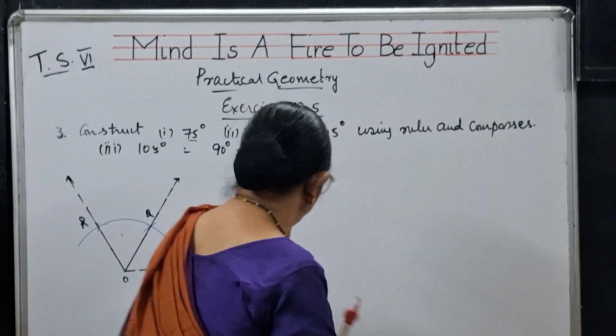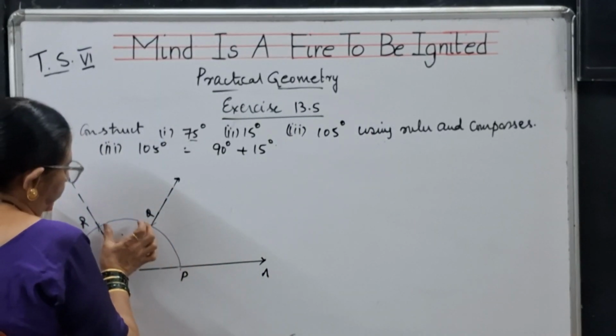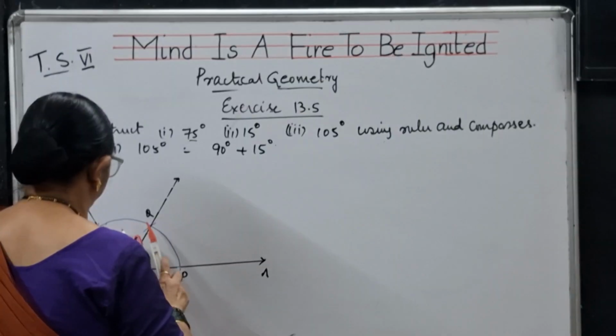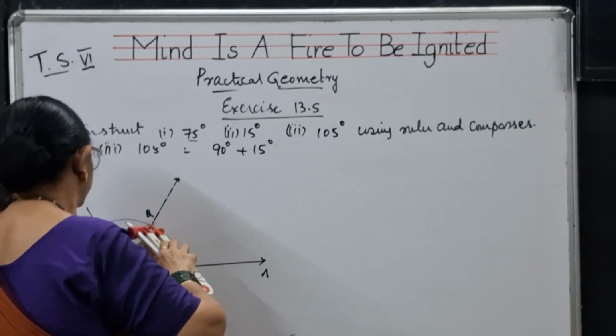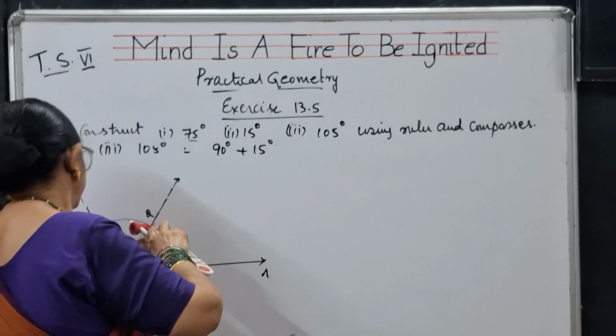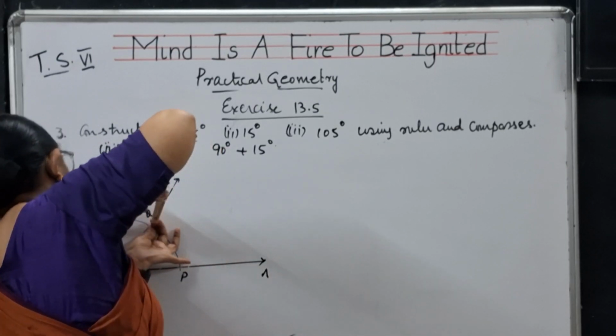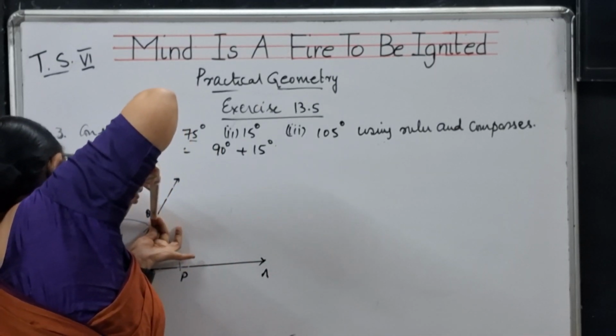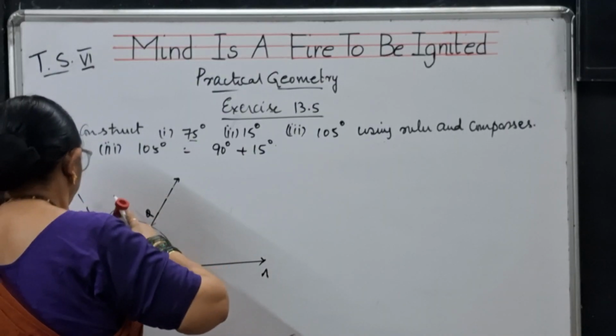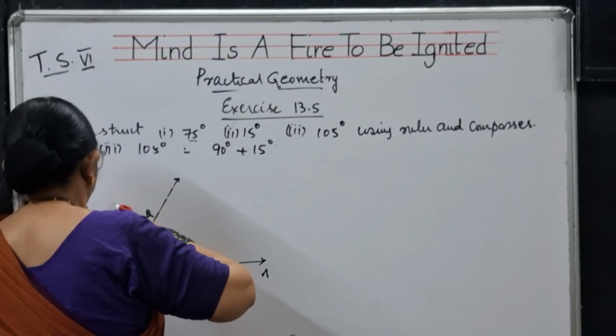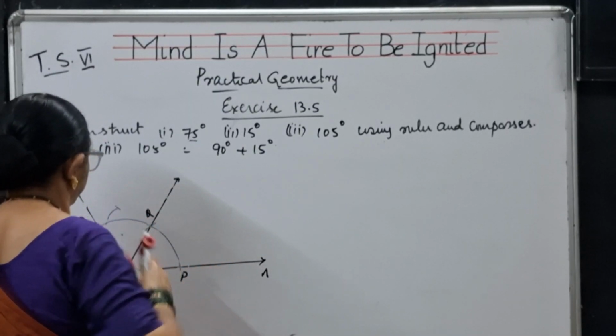Now this is 60 degrees and we have to bisect this. So more than half of this as a radius, an arc, and with the same radius, another arc.